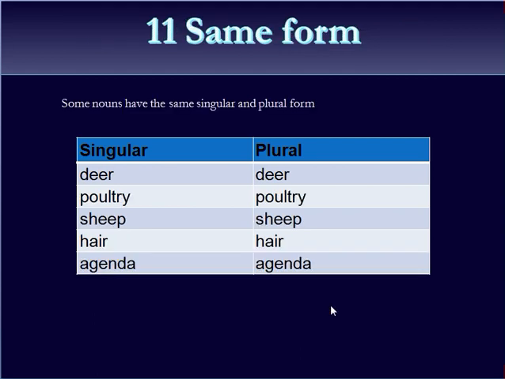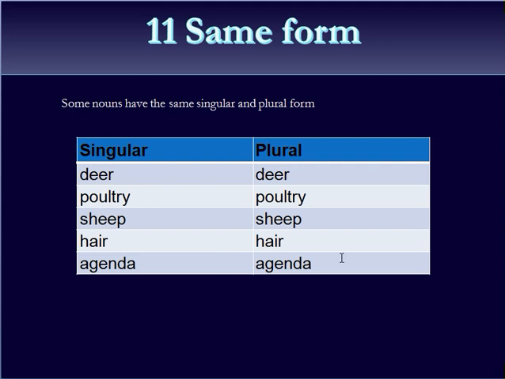So next we have the same form singular and plurals, like we had read about them earlier also. Some nouns have the same singular and plural forms. Deer, deer, poultry, poultry, sheep, sheep, hare, hare, and agenda, agenda.